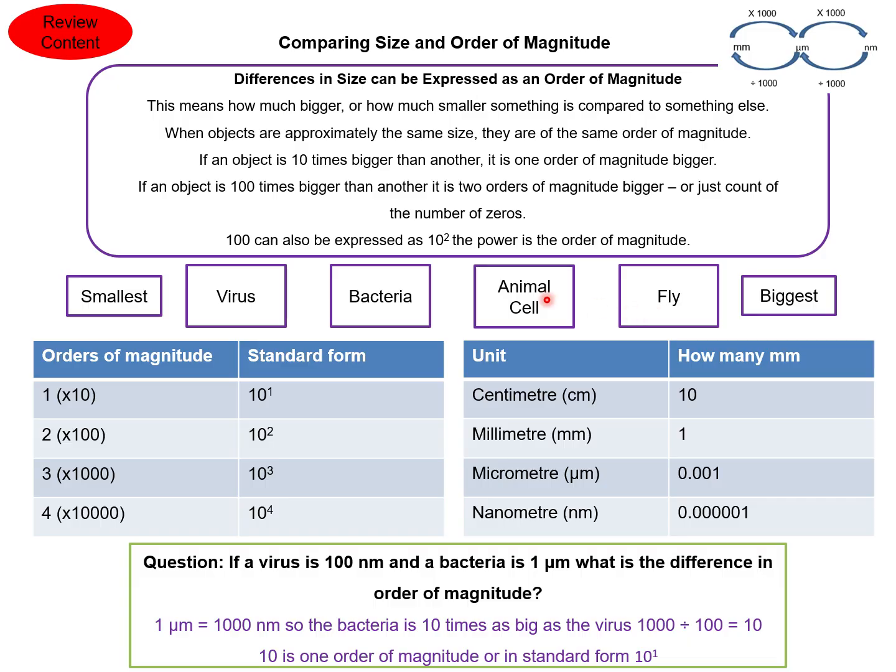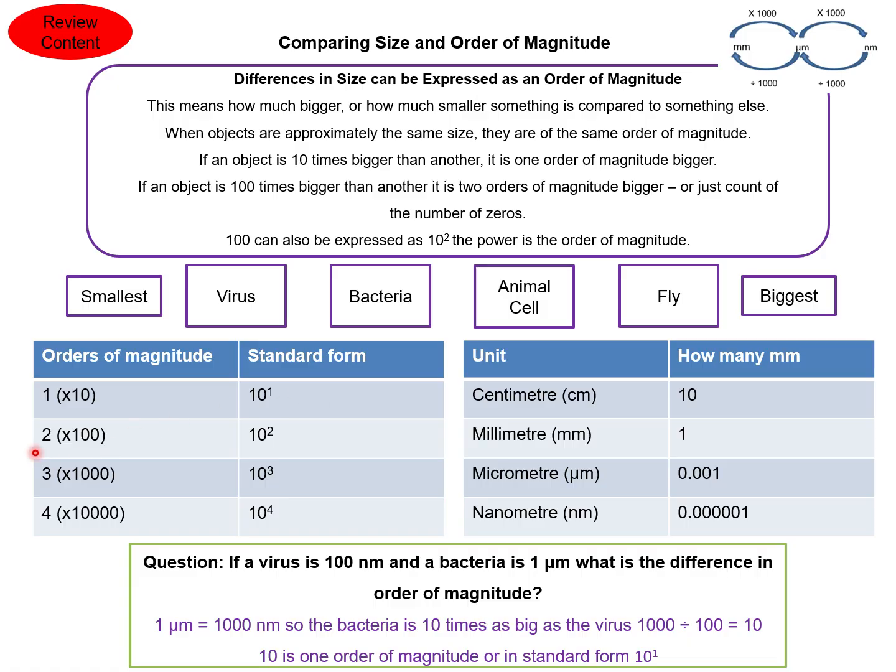And then if we look at the table, there's a comparison there of the order of magnitude expressed in standard form. So one order of magnitude means 10 times bigger, times 10, and the standard form version is 10 to the 1. So that order of magnitude is the power.